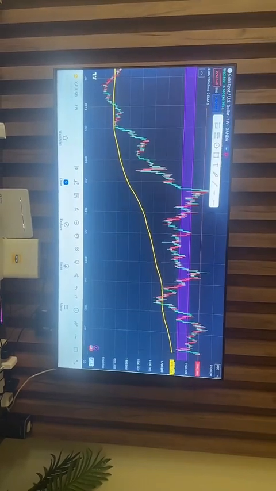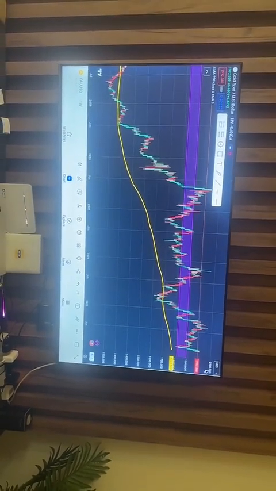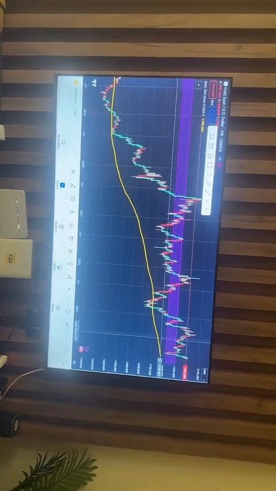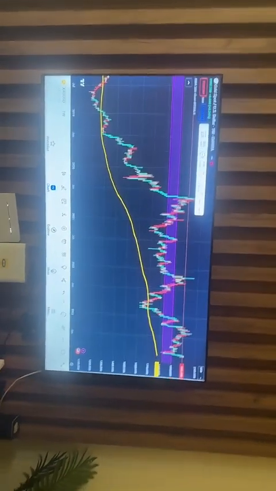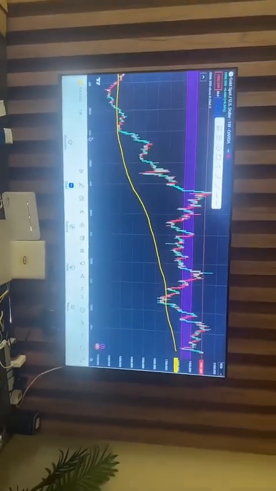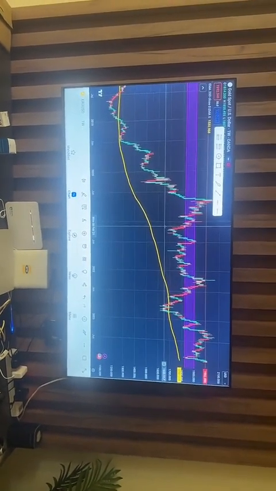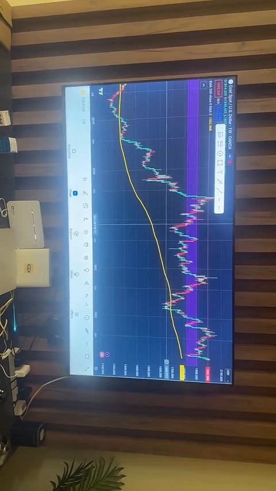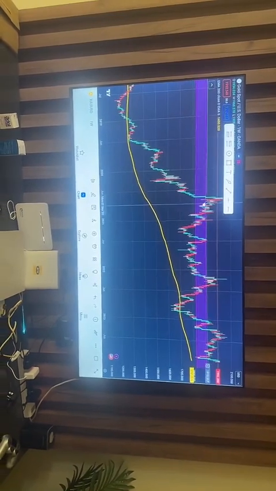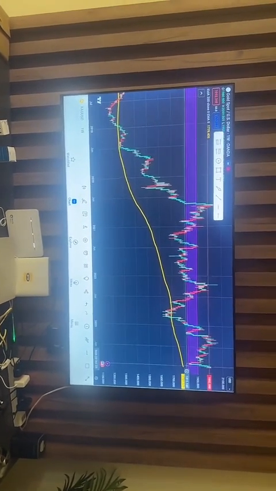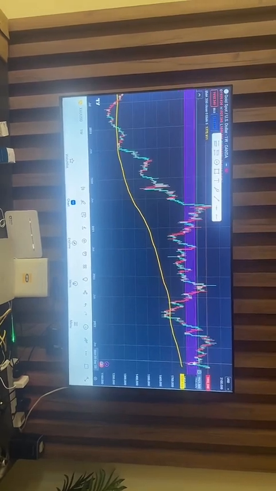Now, I will tell you the concept of the engulfing candle. That is when you are looking at when to enter the market, especially for big players. For example, I analyzed from the monthly time frame. When I skipped to the weekly time frame, I saw an engulfing candle here.